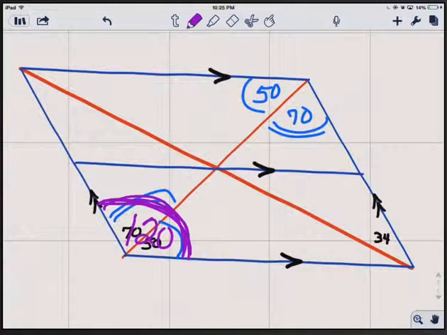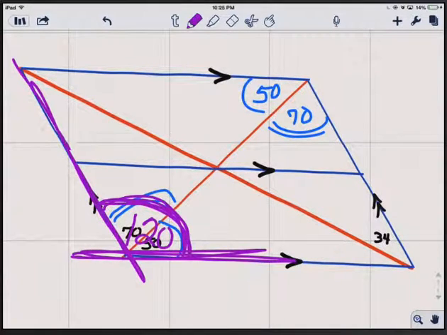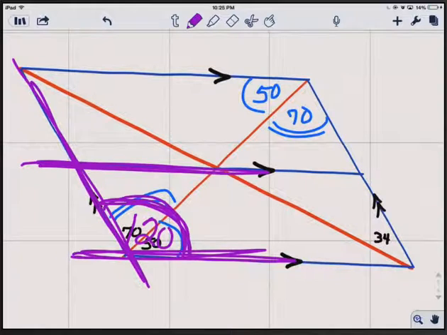That angle, and if you look at this line, these two lines, and this third line, that's a pair of parallel lines being intersected by a transversal, corresponding angles. These two angles with the purple arcs being drawn across them have to be congruent, so therefore this angle is equal to 120 as well.